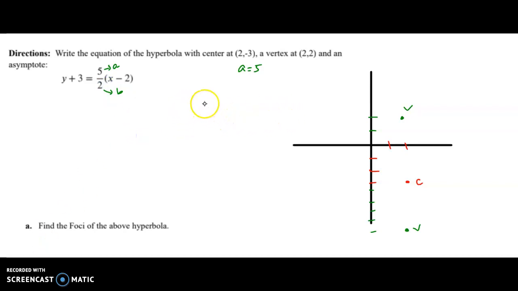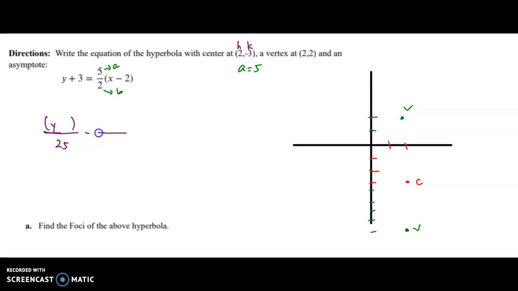So for now, we actually have enough information to write the equation of this hyperbola. Again, we can tell that the hyperbola opens up and down, so I'm going to make sure that the first numerator has the y, and the first denominator is always a squared, which in this case is 25.